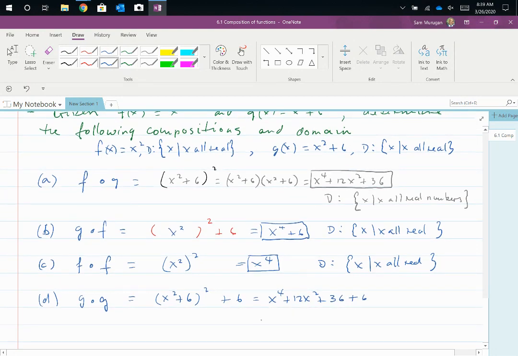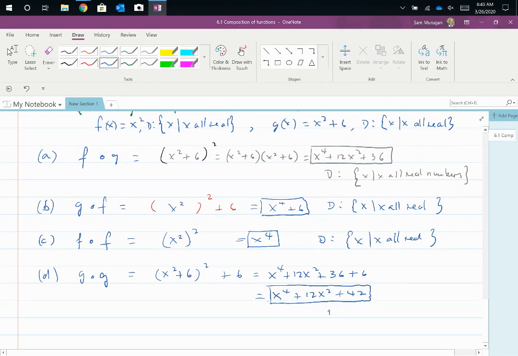And the resulting function is x to the 4th power plus 12x squared plus 42, which is still a polynomial, and we know that the domain of all polynomials is all real numbers, and the domain of the g function is also all real numbers, so not a big deal to worry about.